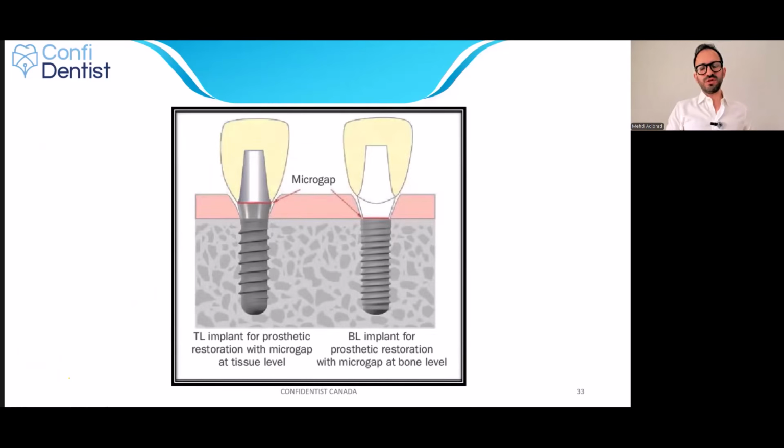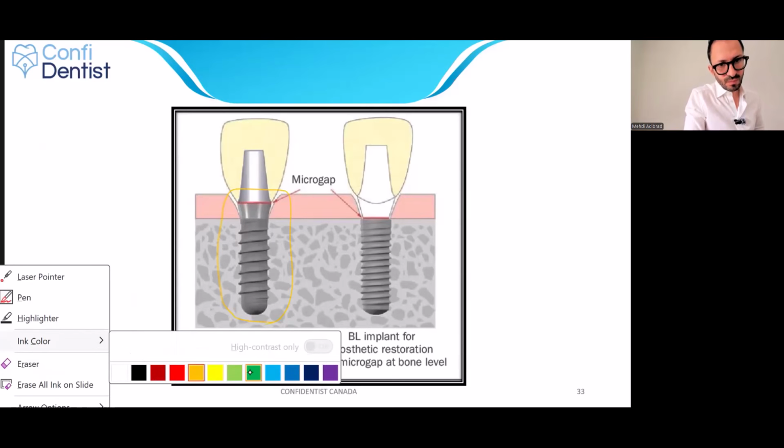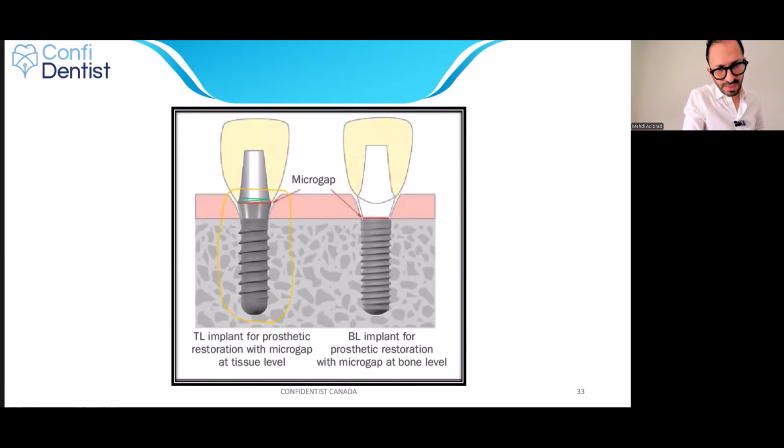take a look at this picture. This is a tissue level implant. Tissue level is Straumann. This is my microgap. You see, the microgap is away from the alveolar bone. That's why in tissue level implants we have less bone loss. In bone level implants, the microgap is right at the alveolar bone.